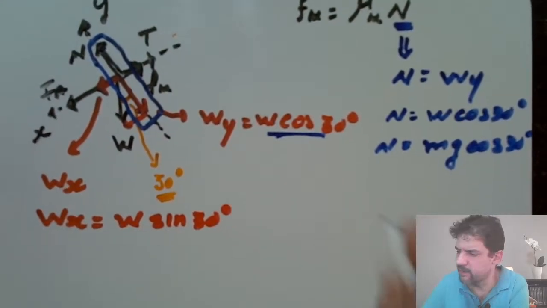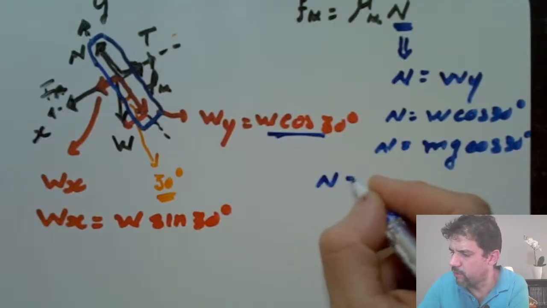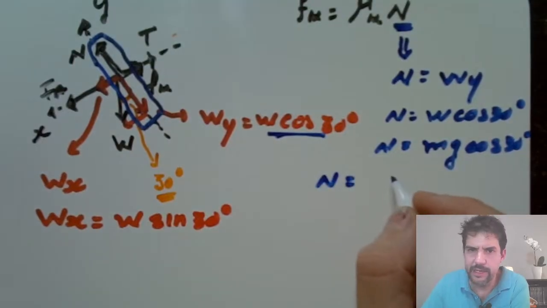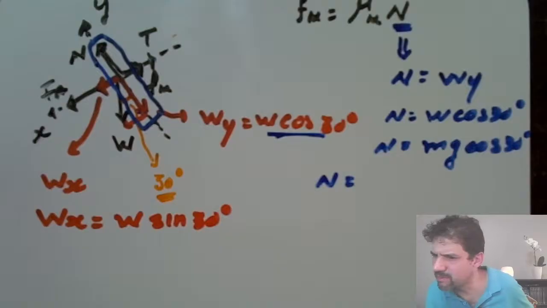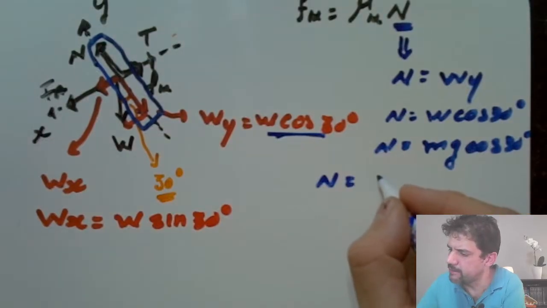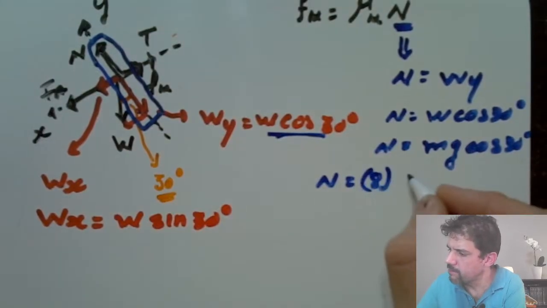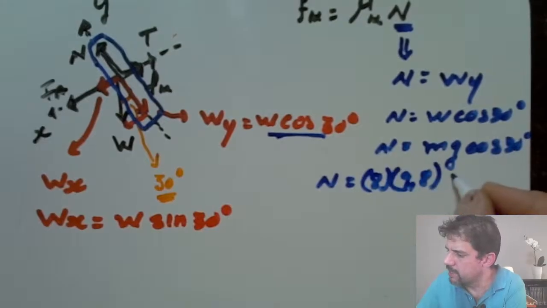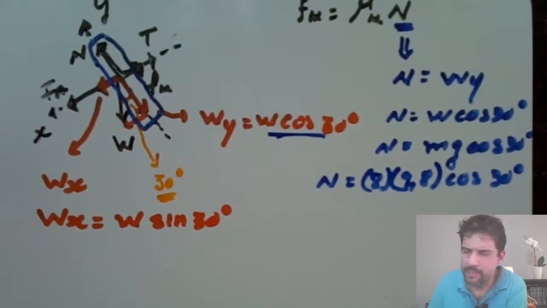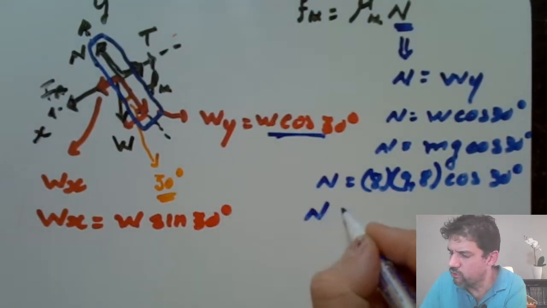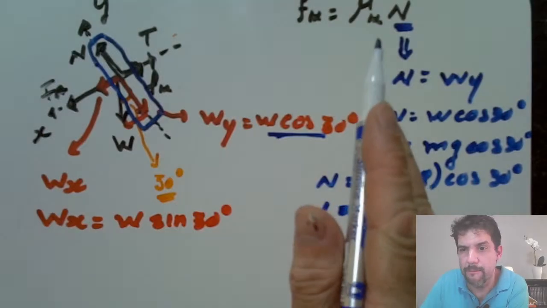And then you can substitute the numerical value now. Normal is equal to mass, which I don't remember, is 8, multiplied by 9,8, multiplied by cosine of 30 degrees. And then the rest is calculation for normal, so you can substitute back in that formula.